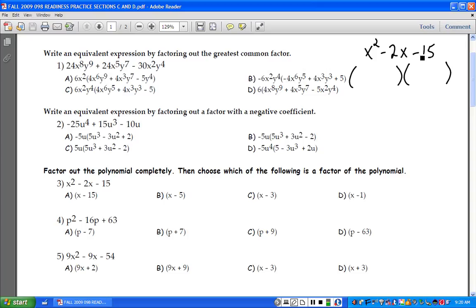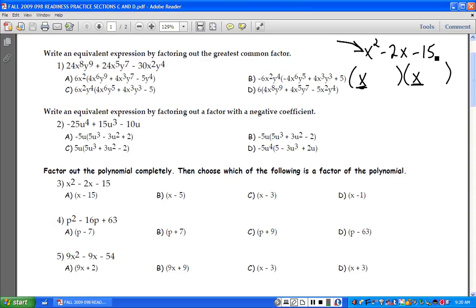So by using the reverse FOIL method, I know whatever is going to be in the first position here and whatever's going to be in the first position here, when they're multiplied, they will give me x squared. So to get x squared, I know I have to say an x times an x. So x times x would give me x squared. So that takes care of that.